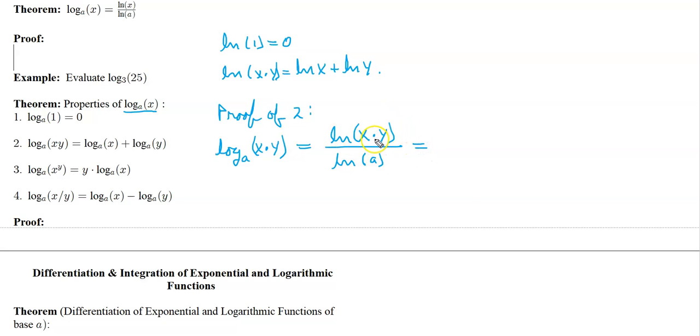Now by properties of the natural logarithm, we can write the numerator as ln x plus ln y, and now we can split this fraction up as ln x over ln a plus ln y over ln a.